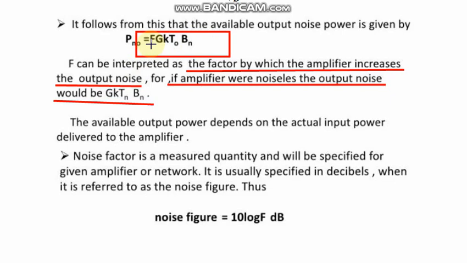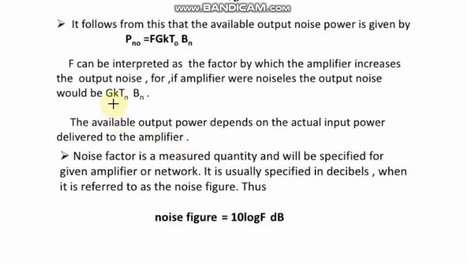Noise factor becomes 1 means the signal to noise ratio at the input side and at the output side are the same, and that's why the F value will become 1. I will derive it later also. So keep in mind that if the amplifier is noiseless, then the output noise will become G, k, T and Bn.